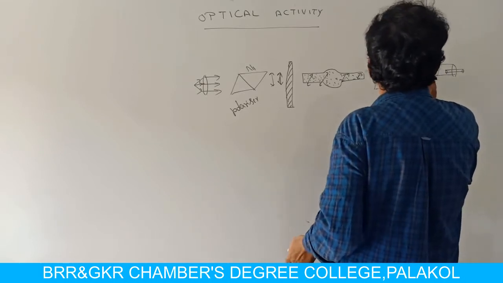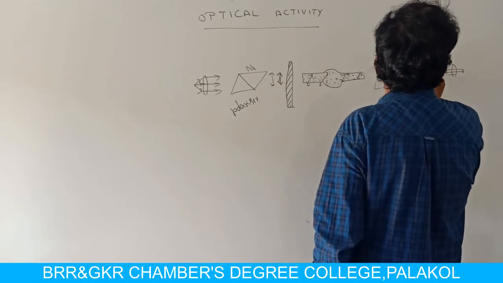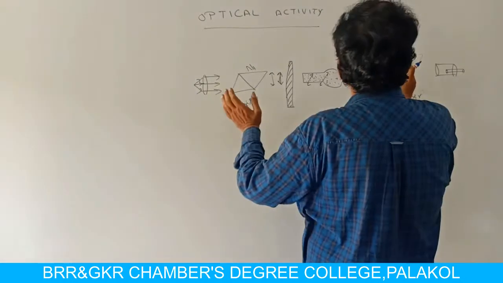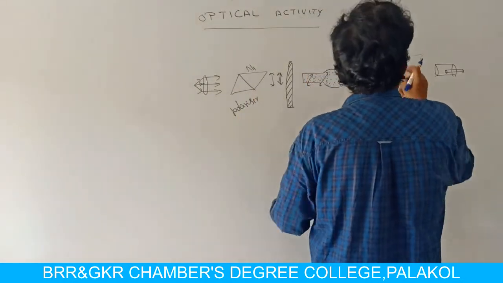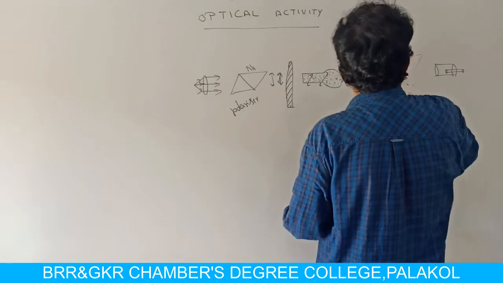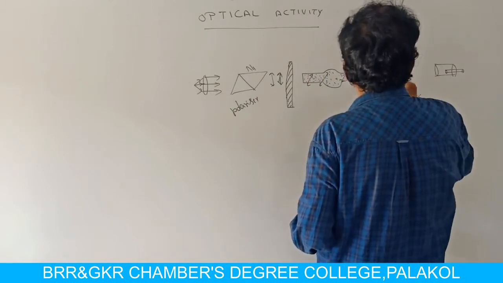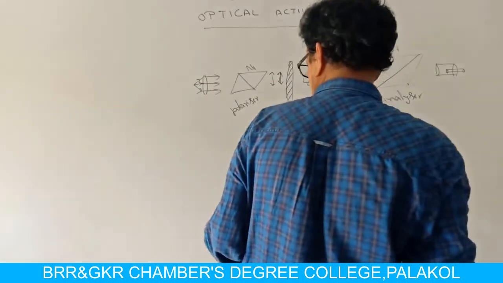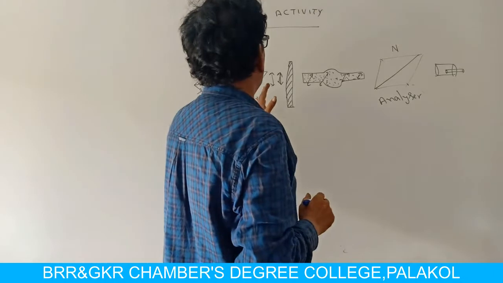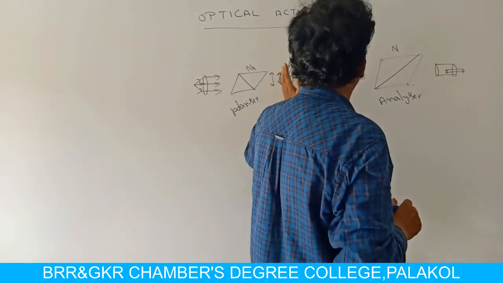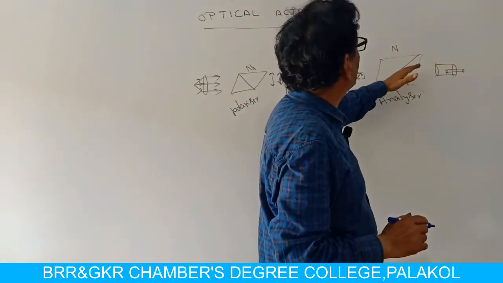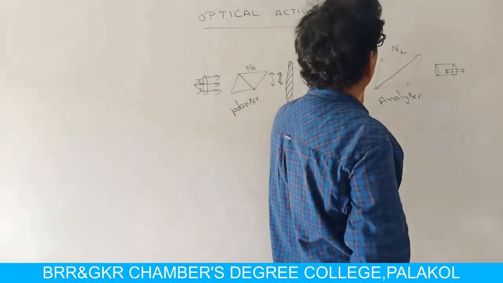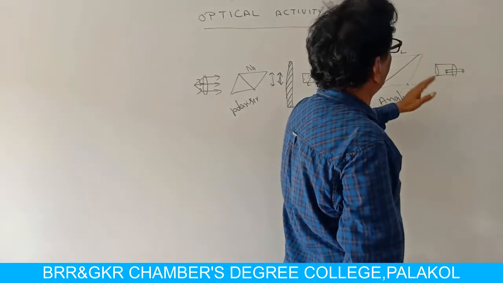There is no change in intensity after emerging from the analyzer because the prisms are having optic axes parallel to each other. So, the vibration emerging from N1 is parallel to the axis of the analyzer N2, and it emerges from the analyzer as it is.